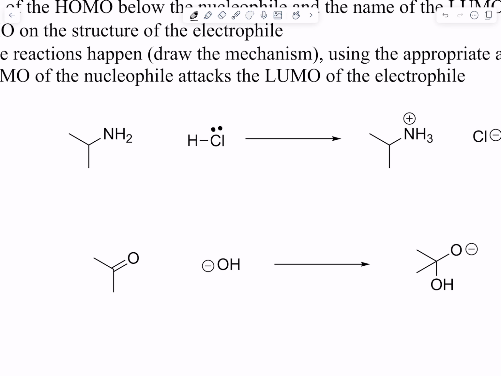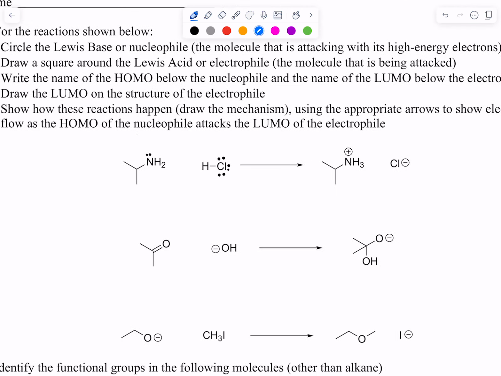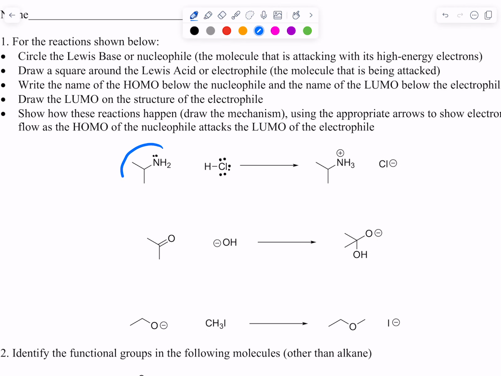Chloro's got lone pairs too. Well, HCl you know is an acid because it has the name hydrochloric acid, so acid is in its name. And if by association you remember that electrophiles are Lewis acids, the acid thing could get you thinking in the right direction. You were right, this is the nucleophile, which I said you're supposed to circle.